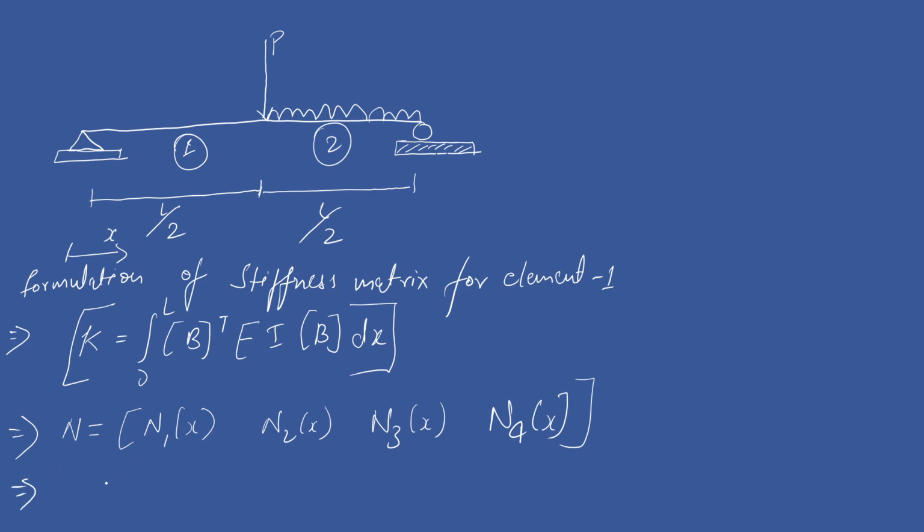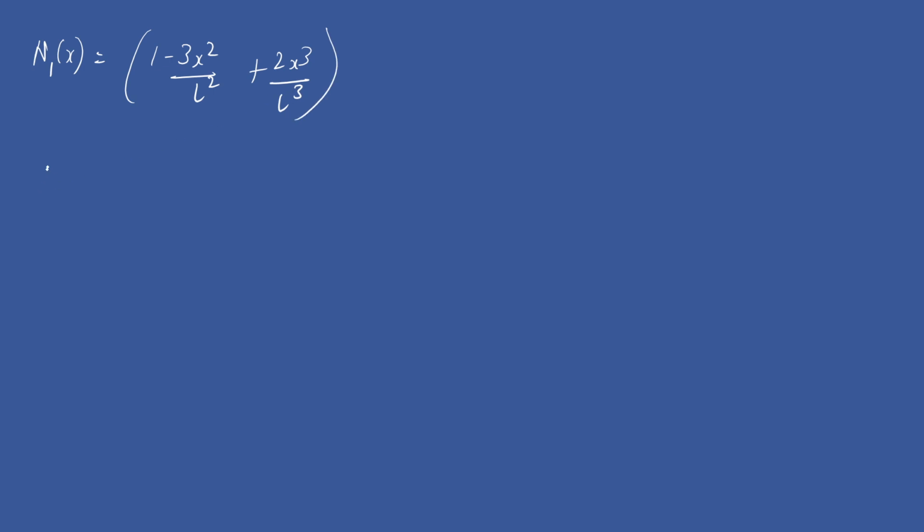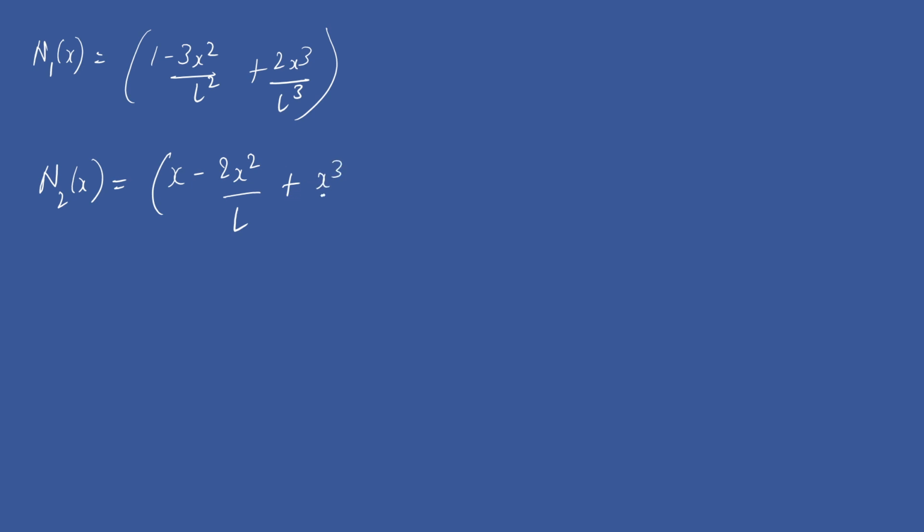So this is your shape function matrix. N1 of x is given by 1 minus 3x square by L square plus 2x cubed by L cube. Your N2 of x is x minus 2x square by L plus x cubed by L square.